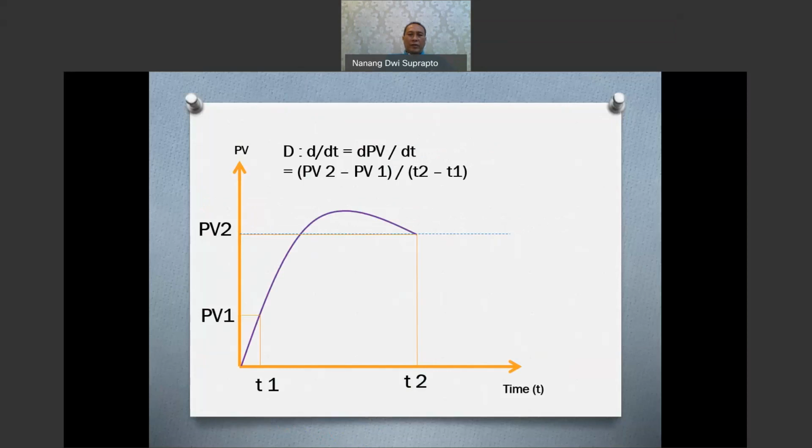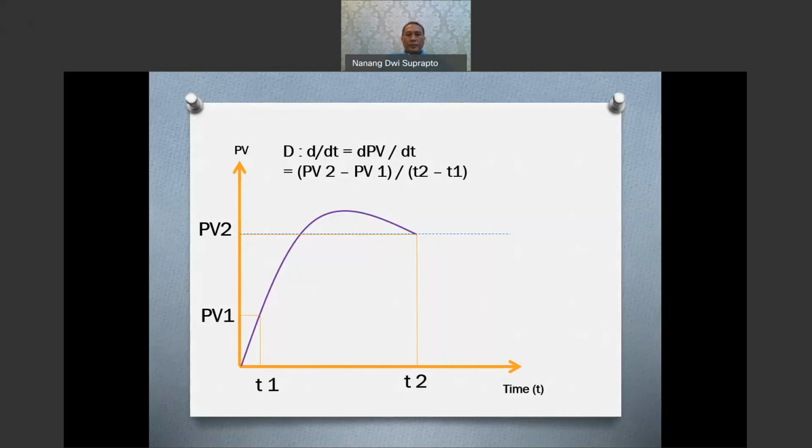The derivative is the delta between process variable at T2 minus process variable at T1, divided by delta of time between T2 and T1.